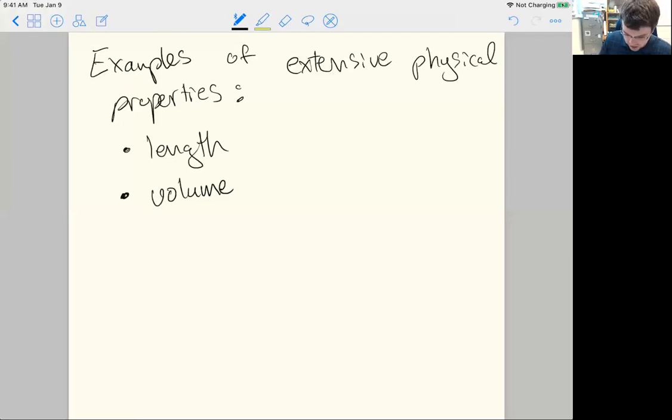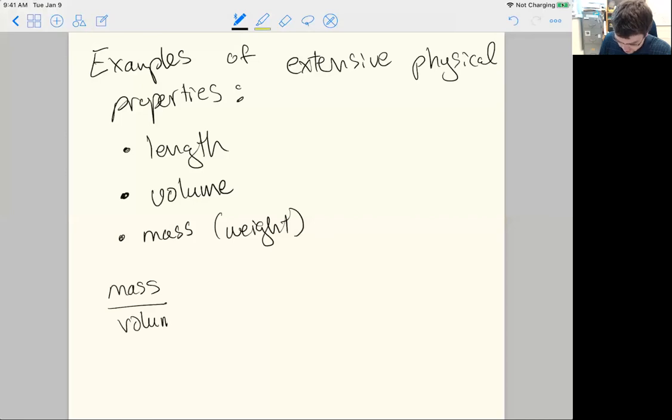So there's length, there's volume, and then there's mass. If you haven't thought about mass too much, we can think about mass as weight at this stage in the game. What's really interesting is mass and volume: you can actually take the ratio of those two, take mass divided by volume.